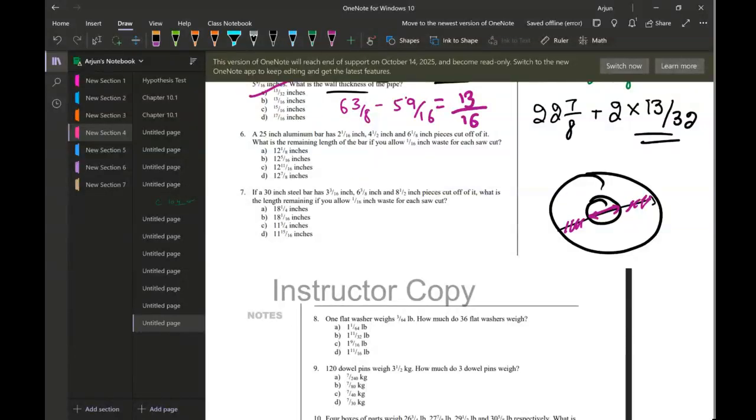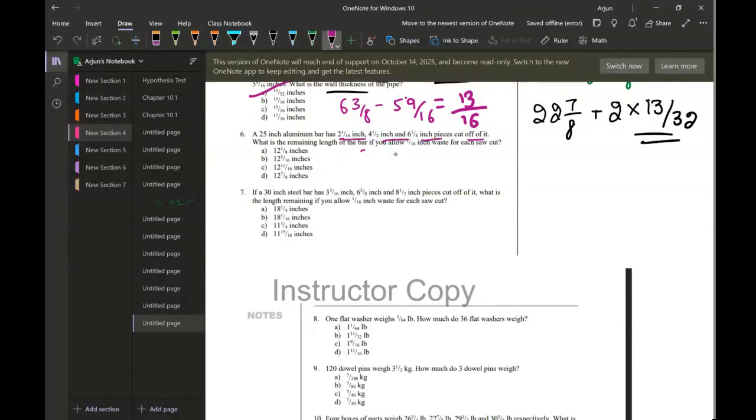Let me do it. Okay, so a 25-inch aluminum bar has this piece cut off it. What is the remaining length if you allow 1/16 of an inch for each cut? So in this question, you're cutting these pieces, and you are also having this much waste, so remaining length.